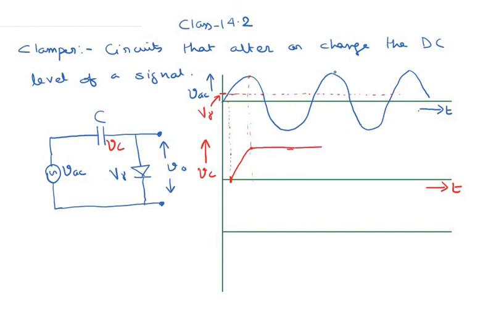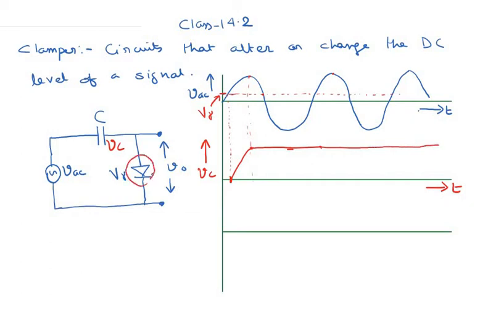And then again, at this point, the capacitor would charge up for a very small instant. So more or less the voltage across the capacitor is constant, because the capacitor cannot discharge through this diode.